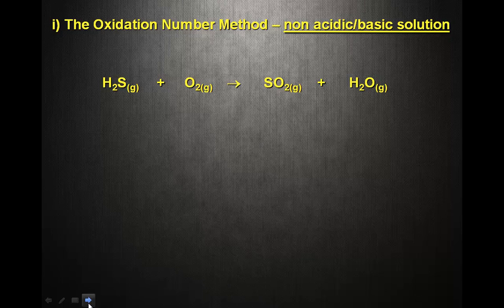So the first thing you want to do is assign oxidation numbers to all of the atoms in this chemical reaction. So if you go and do that, well, I do mine as well.